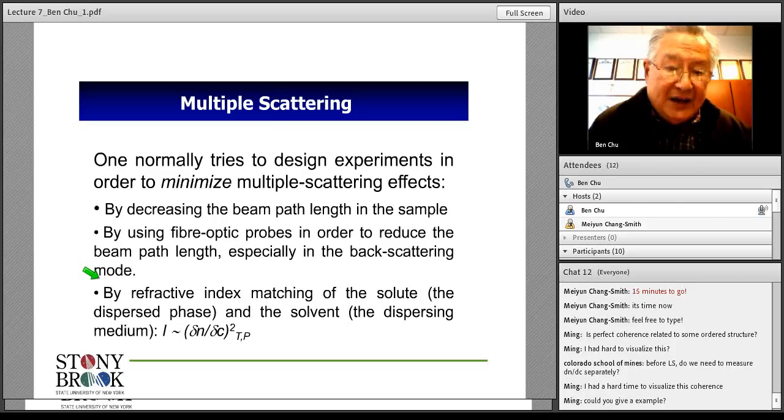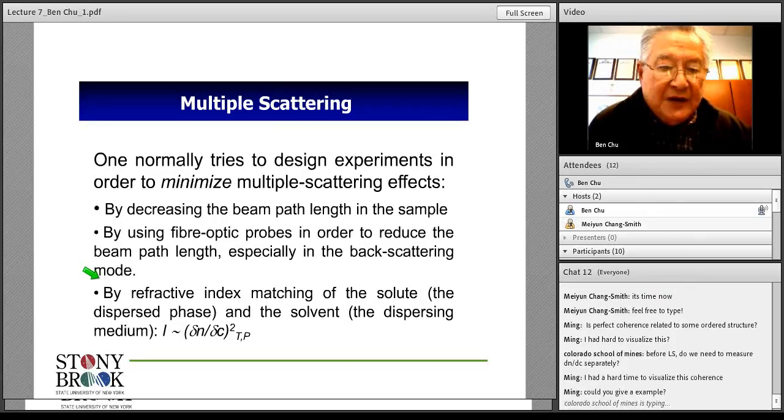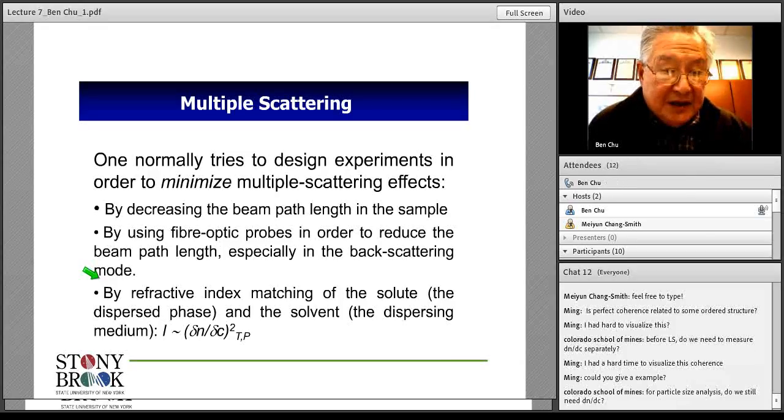You can calculate the dn/dc, for example, to a certain extent. And there are new instruments for dn/dc measurements being developed. They are fairly easy to use, so this is not a major problem. However, you should also remember the dn/dc is the partial derivative of the refractive index with respect to concentration. That is this term here, and it is expressed as a square.